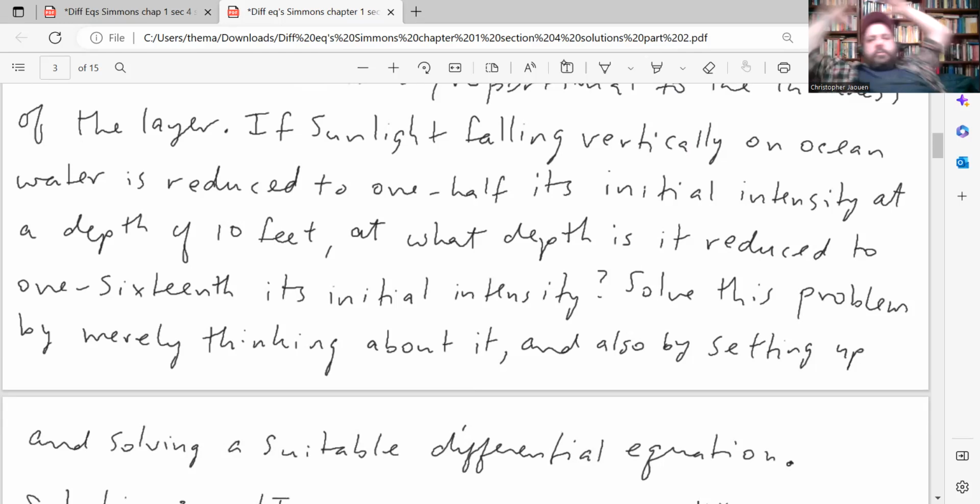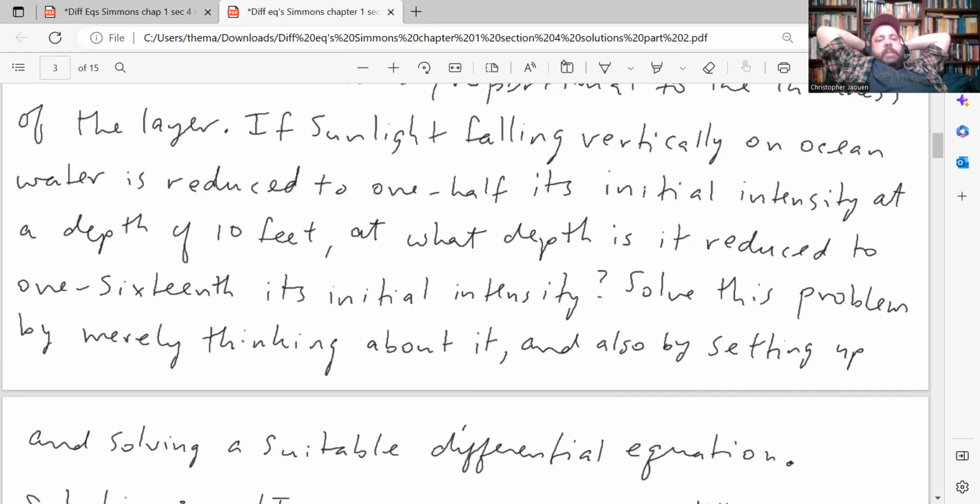It's very similar to the radioactive decay problem, right? So you think 10 feet is sort of like the half-life. It's a measurement of distance, not time here, but every 10 feet the intensity of the light is reduced by half.